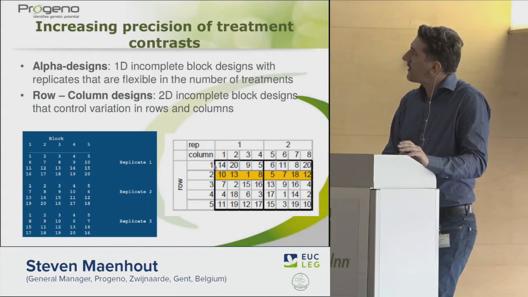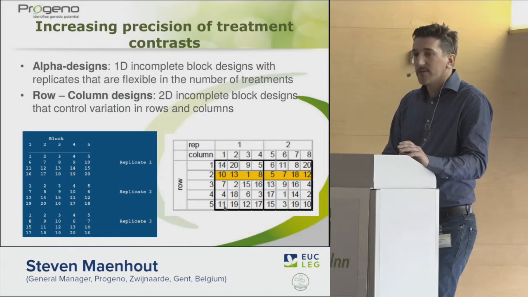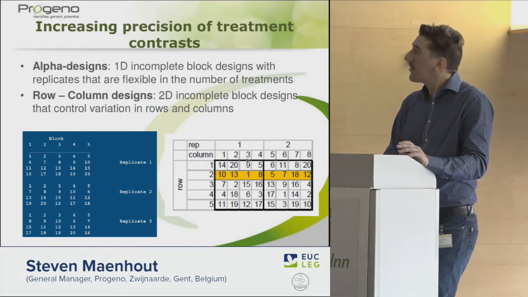So you have full replicates, as I hope you can see here. But in each replicate, you have an incomplete block in the direction of the column and an incomplete block in the dimension of the rows. And you can then correct for the effect of the replication, the big block, correct for the effect of the incomplete column, and correct for the effect of the incomplete row.